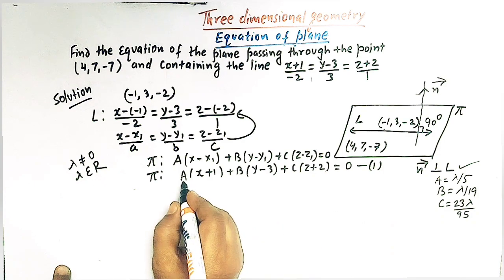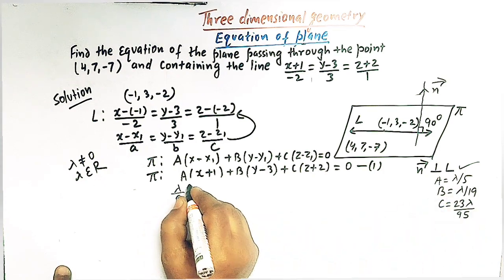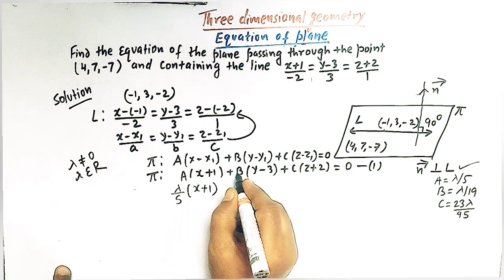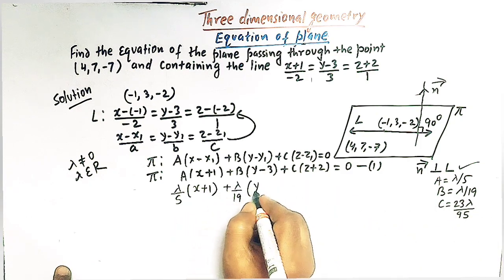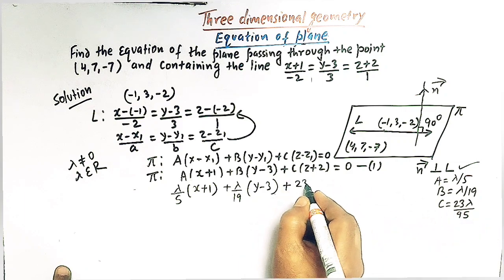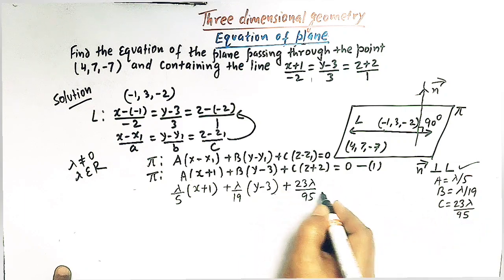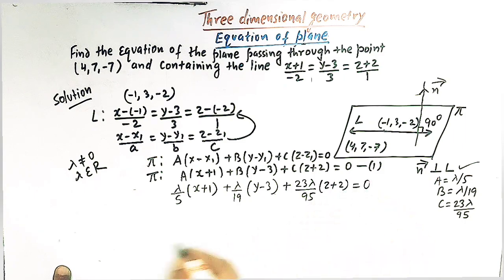So now we have here a is lambda over 5, then we have x plus 1, b is lambda over 19, and y minus 3, and then c is 23 lambda over 95, and here z plus 2 is equal to 0.